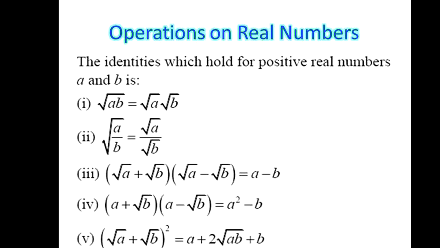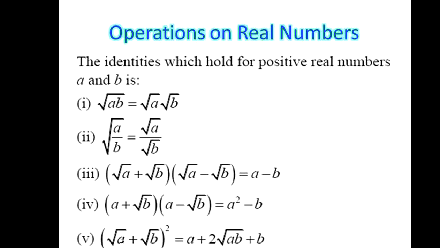Okay, the fifth identity here is square root of a plus square root of b the whole square equal to a plus 2 into square root of ab plus b. Can you see, this is also of the form of the algebraic identity a plus b the whole square.